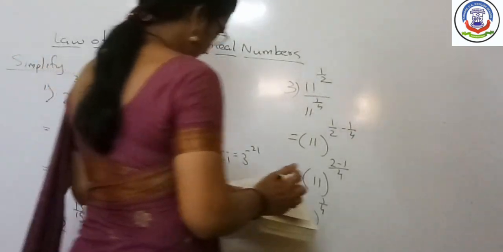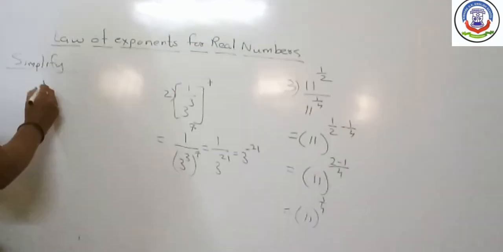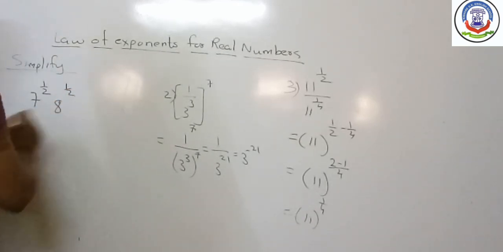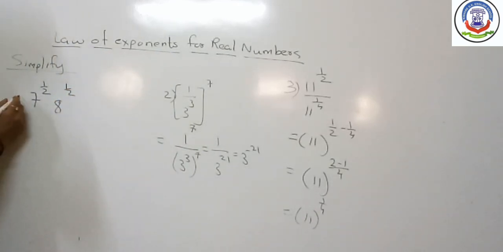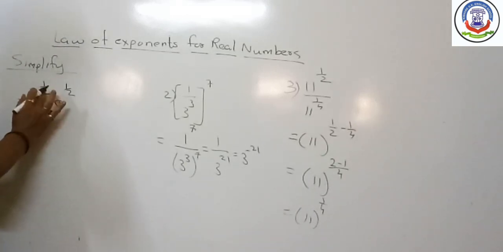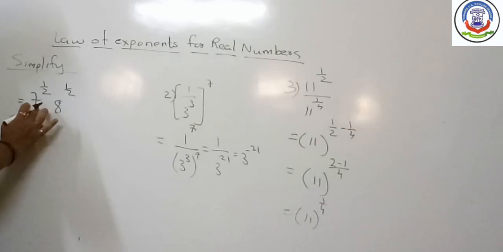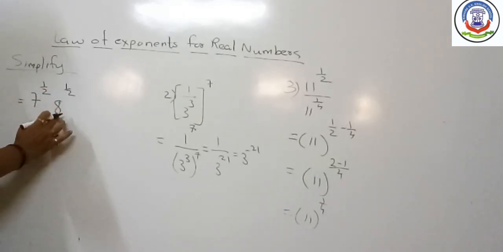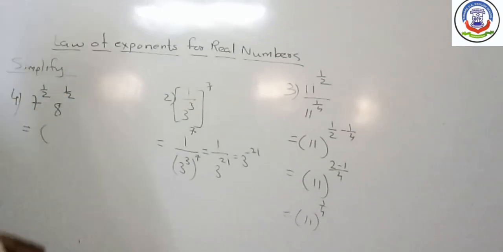Now the next type of sum is 7 raised to half into 8 raised to half. As the exponent is the same, it is in the form a raised to p, b raised to p.